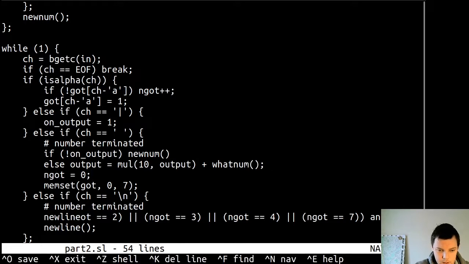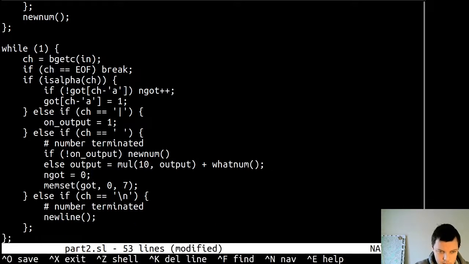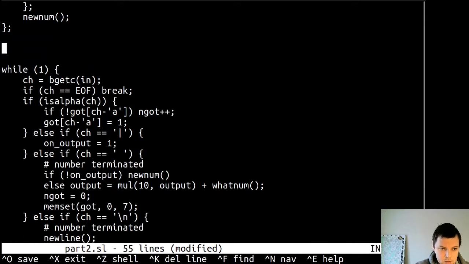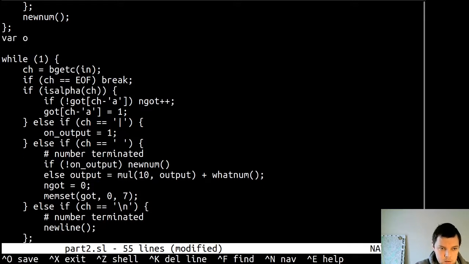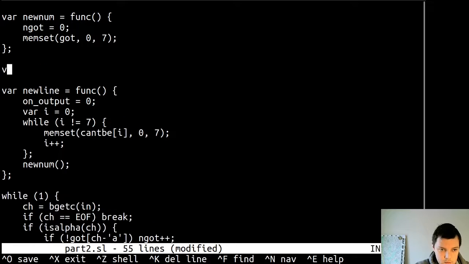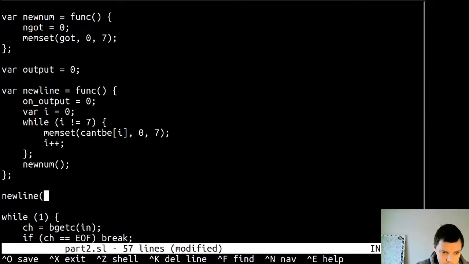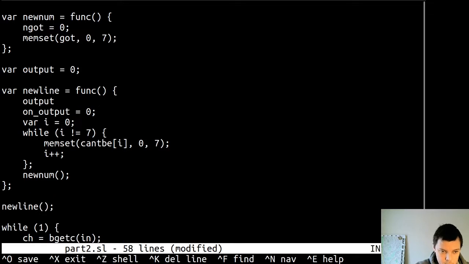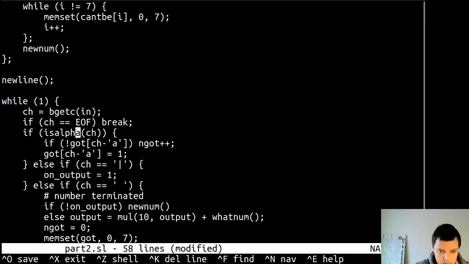And on a new line, at the start we need to say we're on a new line. Reset the output to 0.